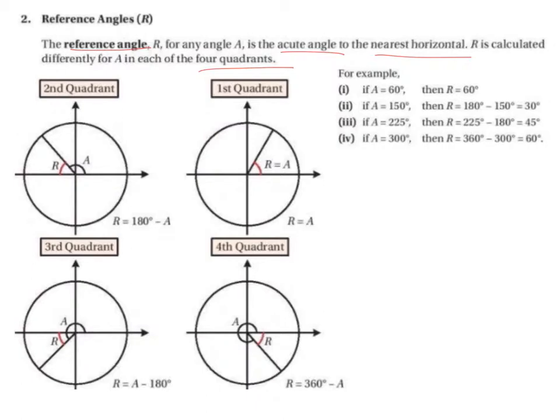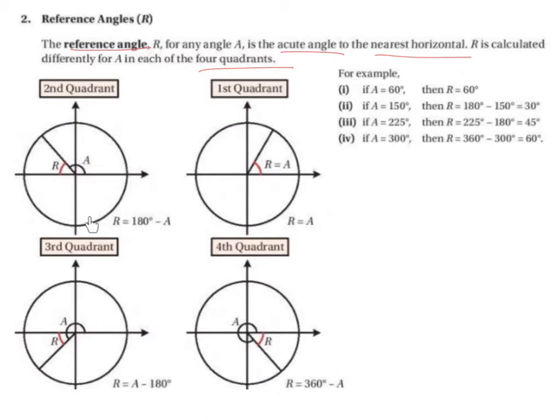So for example, if A is 30 degrees, then OR is 30 degrees. If A is 45 degrees, then OR is 45 degrees. If A is 80 degrees, then OR is 80 degrees. So any angle between 0 and 90 degrees is just equal to itself. The angle A is equal to the reference angle.